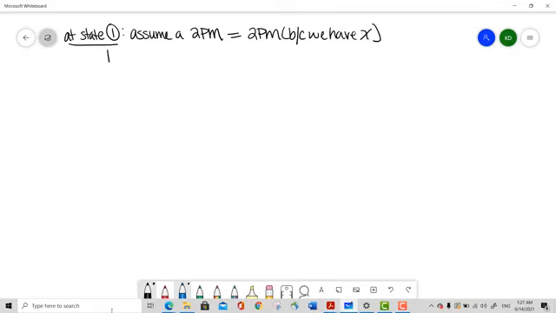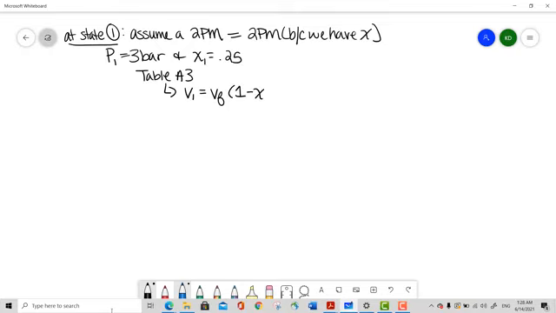Right, and so then we know P1 equals 3 bar because we did that conversion, and a quality of 0.25. From table A3 you were able to get V1 equals VF (1 minus X) plus X VG, and then we're just plugging in.